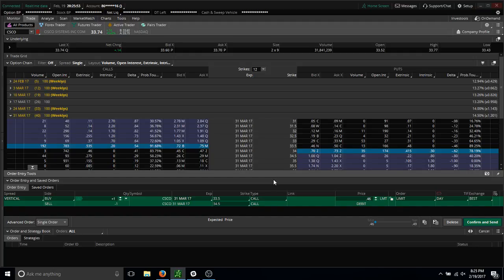Is that what you wanted to see? Cool. Yeah, so you want this thing to be green if you're doing a call or a put vertical. Otherwise, if it's red, that means that your buy and sell is flip-flopped.